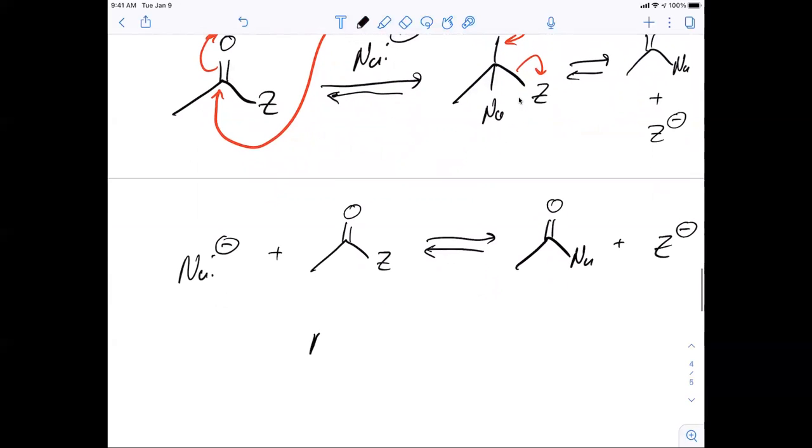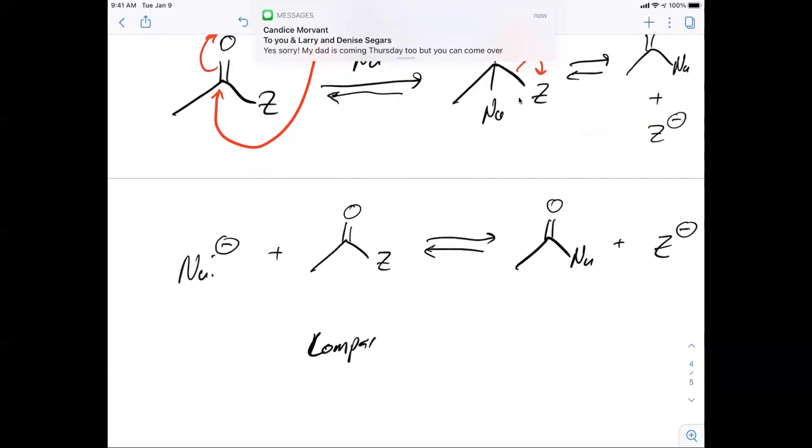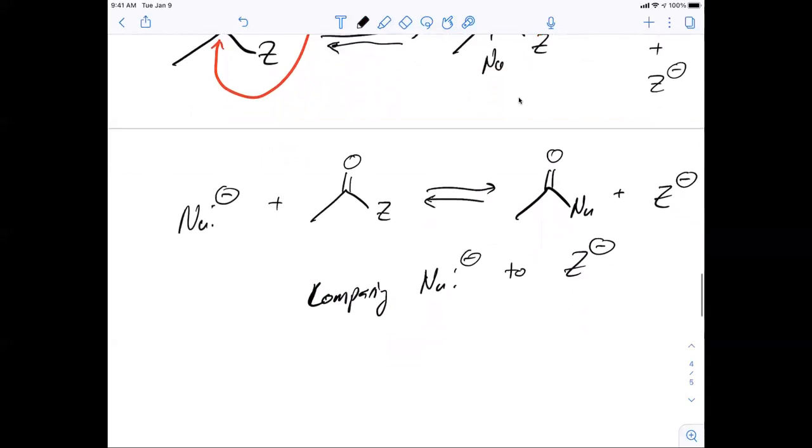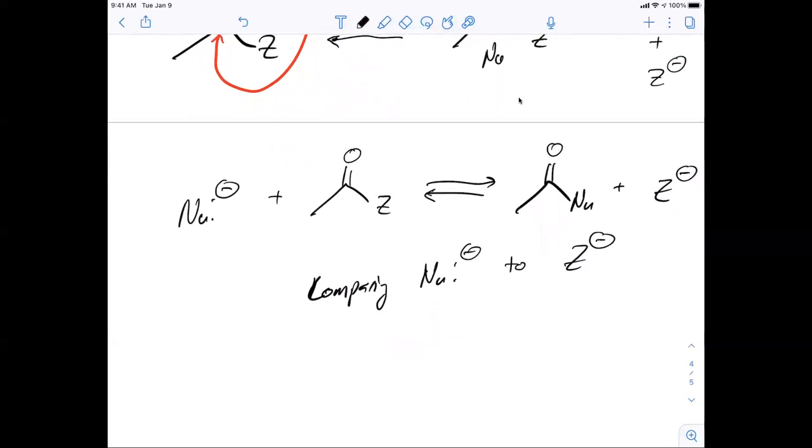And what I'm going to be comparing, right, is the nucleophile to the leaving group, the Z. And what we looked at on Thursday was that our chlorine is a better leaving group than our anhydride.